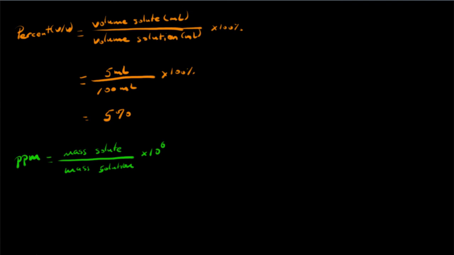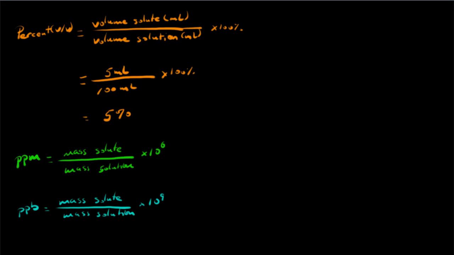The other one here that you've probably heard of, which is very similar, is parts per billion, so that's ppb. Just like above, it's the mass of the solute divided by the mass of the solution, but instead of times 10 to the 6, it's times 10 to the 9 for billion.